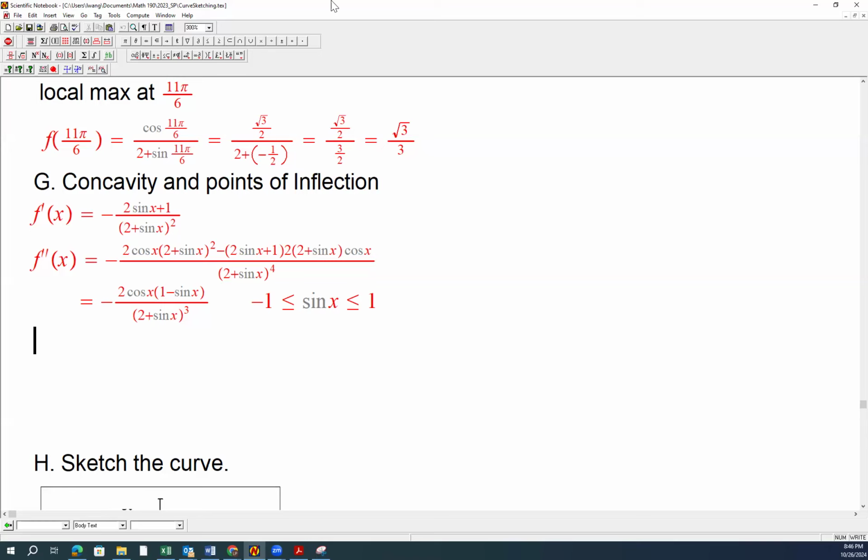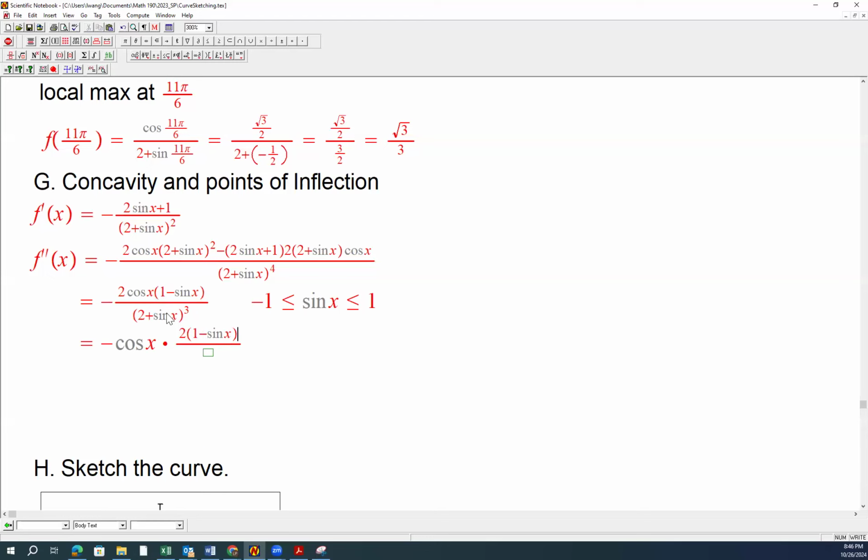Let me reorganize the term so we can see it. We have negative cosine x multiplied by 2 times 1 minus sine x divided by the whole of that.